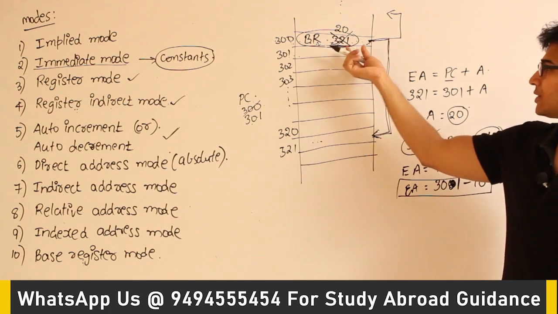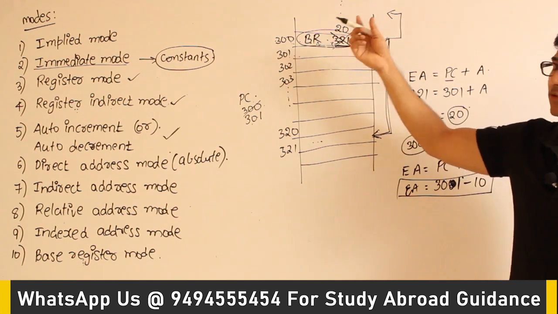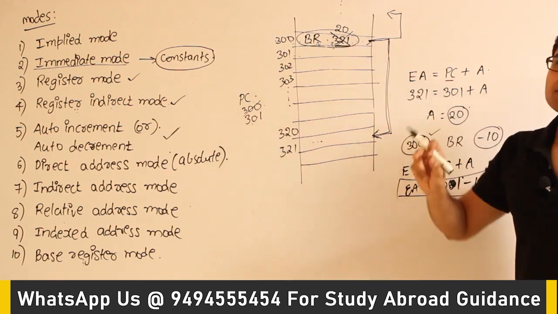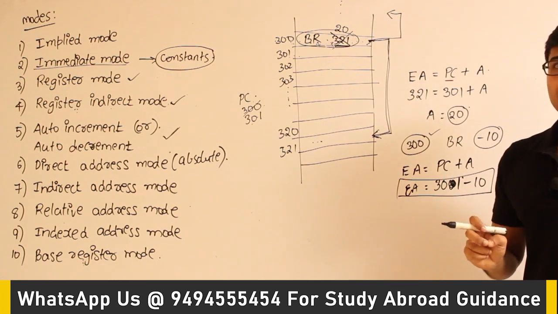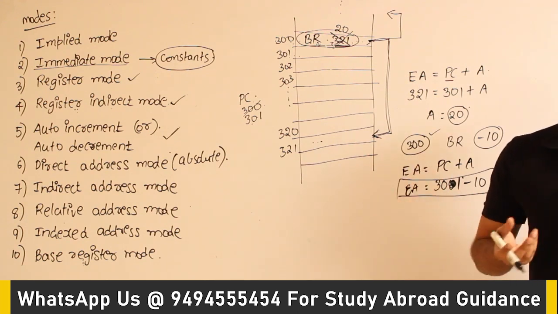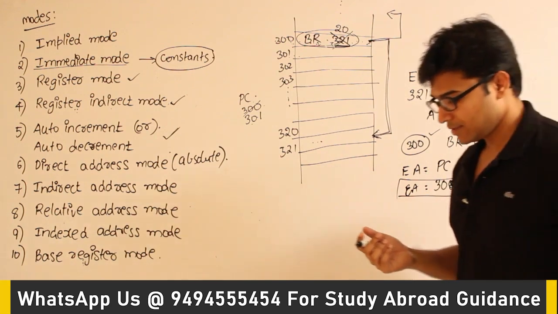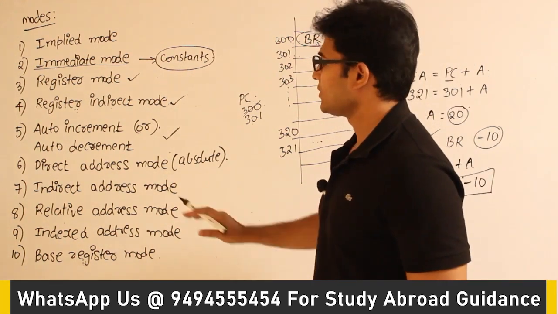Since we are not giving the entire address, we are just giving the displacement, very often this instruction tends to be of smaller size. Therefore loading the instruction is easy, decoding it is easy, and executing it is easy. Therefore we can decrease the number of bits required using this relative addressing mode.